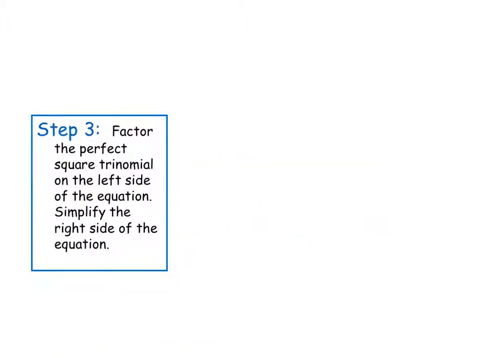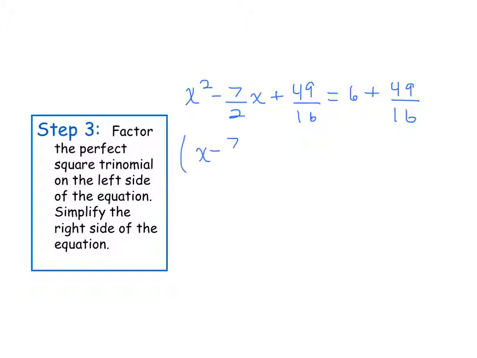Now, once we do that, we can go on to step 3. And step 3 says, now you have a perfect square trinomial of x squared minus 7/2 x plus 49/16 equals 6 plus 49/16. So we're going to factor, and that will give us x minus 7/4 times x minus 7/4.